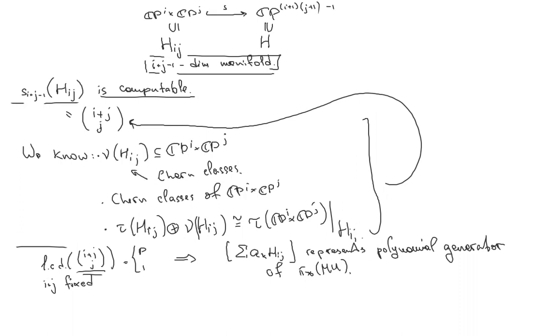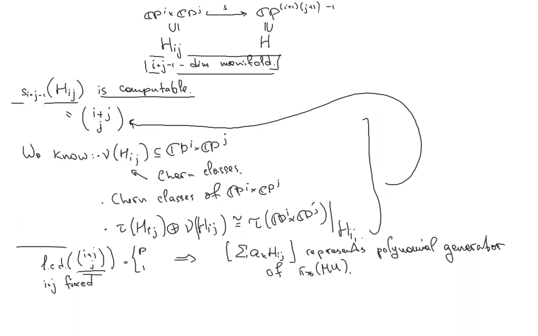Yeah, so but let me just say one more thing. Please remember that Hij generates the complex Bordism ring. It will be crucial in the next lecture because our proof of the Quillen theorem would use this fact.